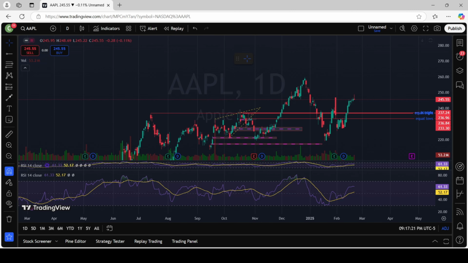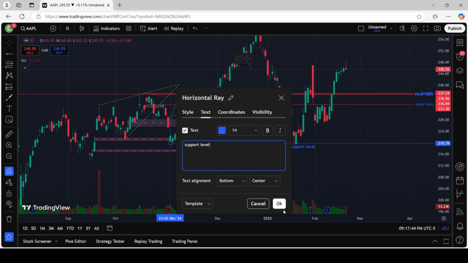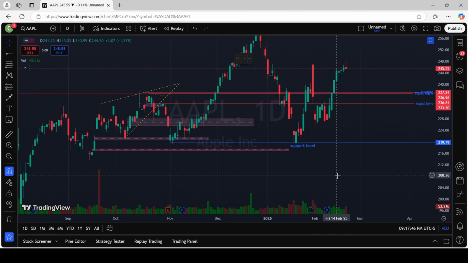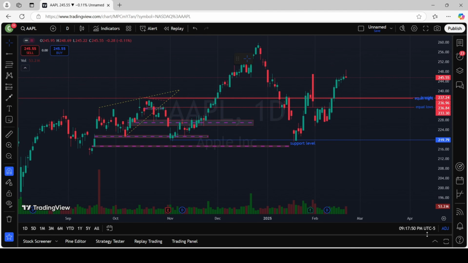Trend line. Oh, look, perfect example. Watch this, y'all. Right here. We have a trend line. And this is what? Yes, support level. And then if we pull up that RSI chart, where the hell it go?